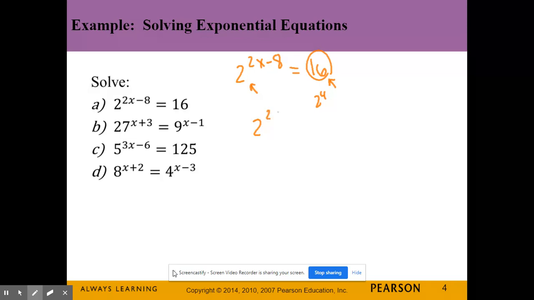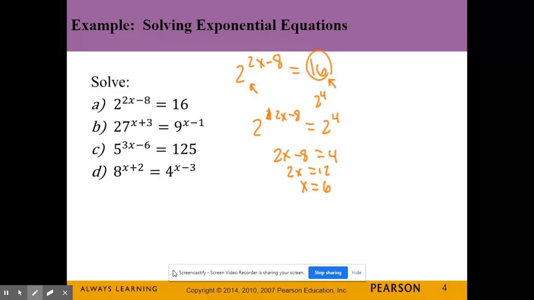So you got 2 raised to the power of 2x minus 8, and that's equal to 2 to the power of 4. Since the bases are the same, the rule is now that the exponents have to be the same. So I can simply write now 2x minus 8 equals 4. Now I'm solving for x. Add 8. You get 2x is equal to 12. Divide by 2, you get x is equal to 6.